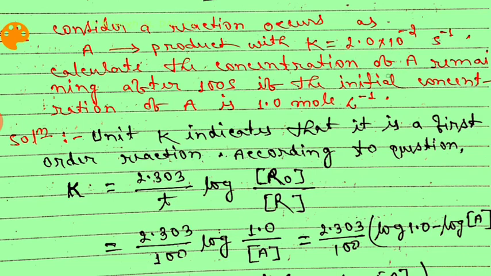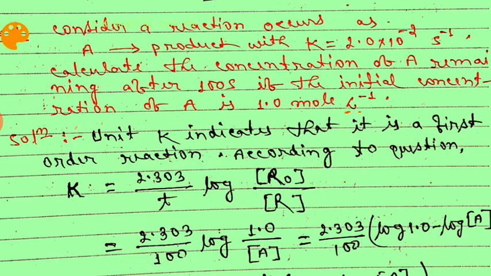Calculate the concentration of A remaining after 100 second. If the initial concentration of A is 1.0 mole per liter, we have to calculate after 100 second how much reactant will be left. What will be the concentration of reactant after 100 second?